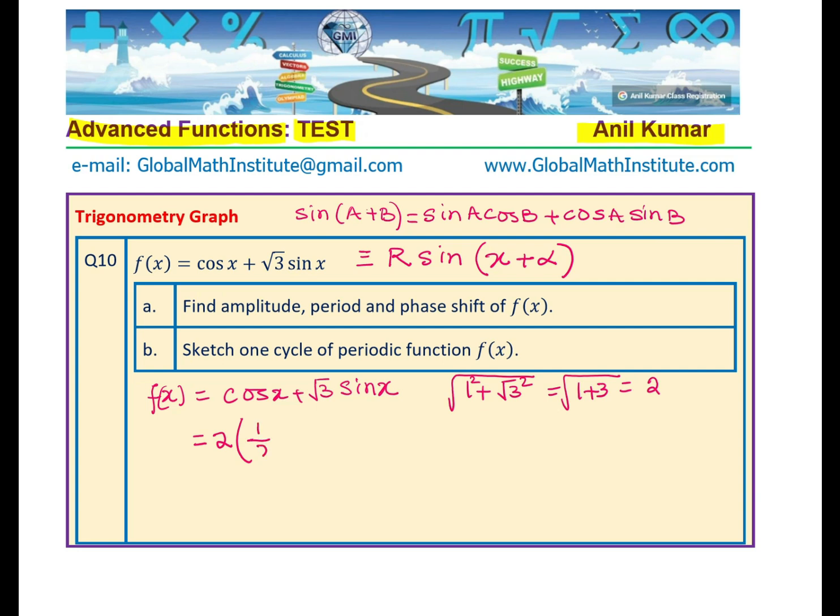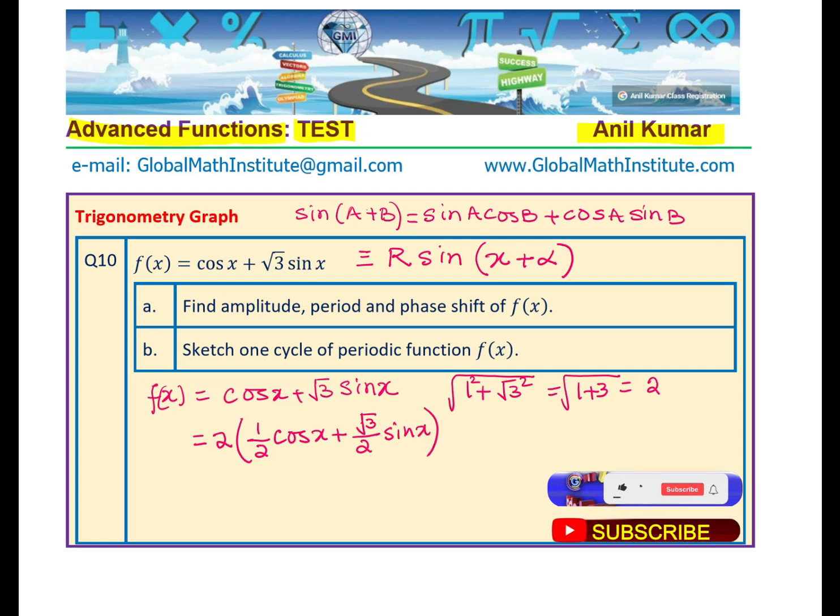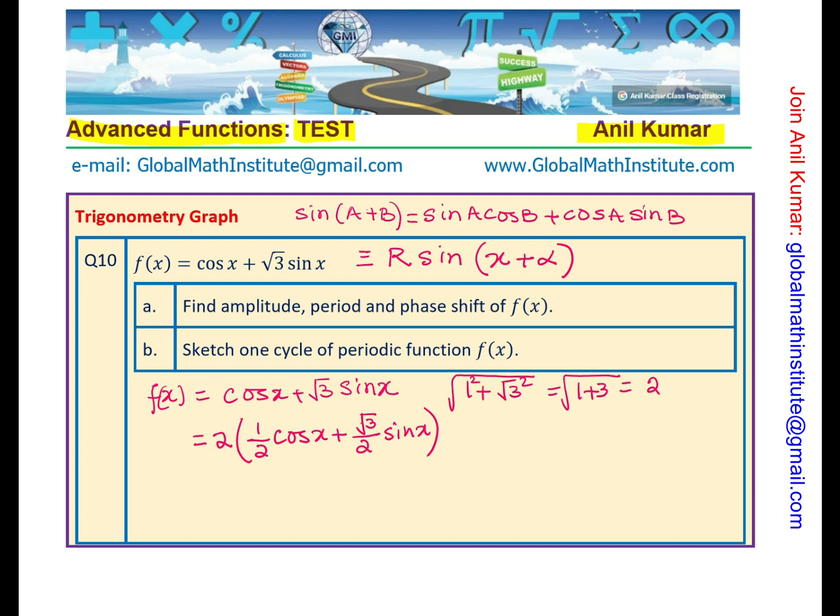So we get 1 over 2 cos x plus square root 3 over 2 sine x. You see what we did, right? So that is how we could rearrange it.